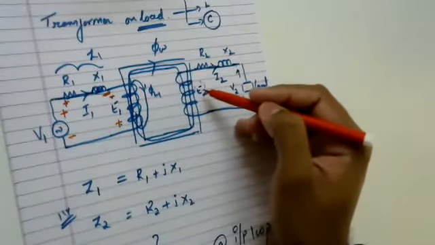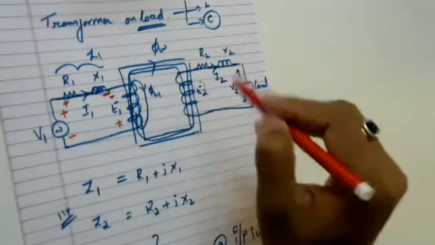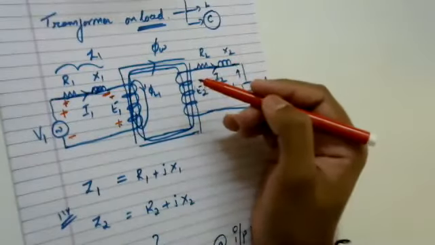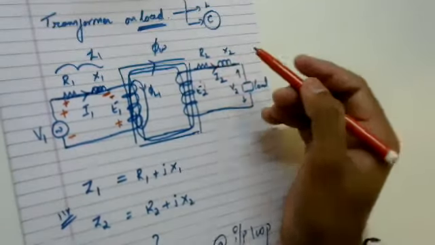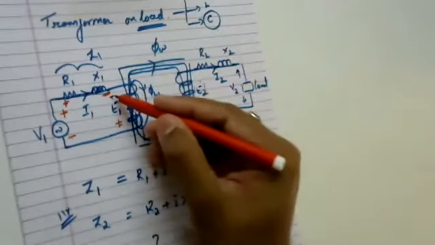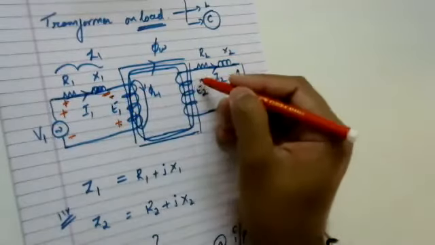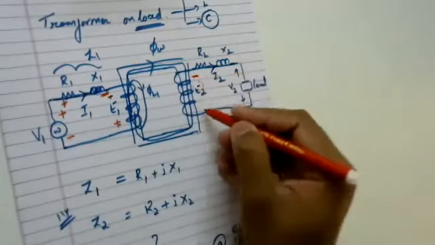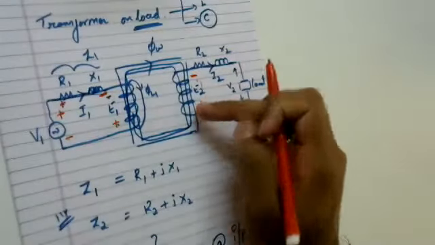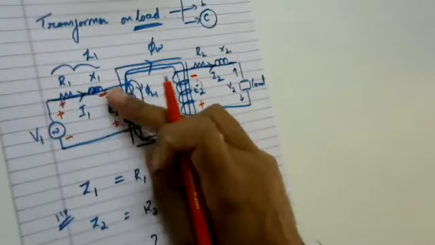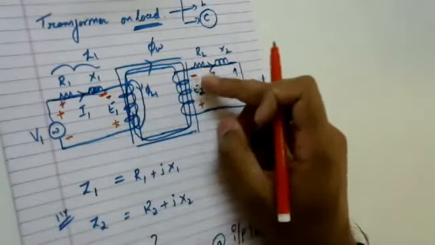You have seen the same in a phasor diagram, where you represent E1 and E2 on the lower or bottom y-axis. Since this is negative, this is positive, E2 will have polarity negative, positive.